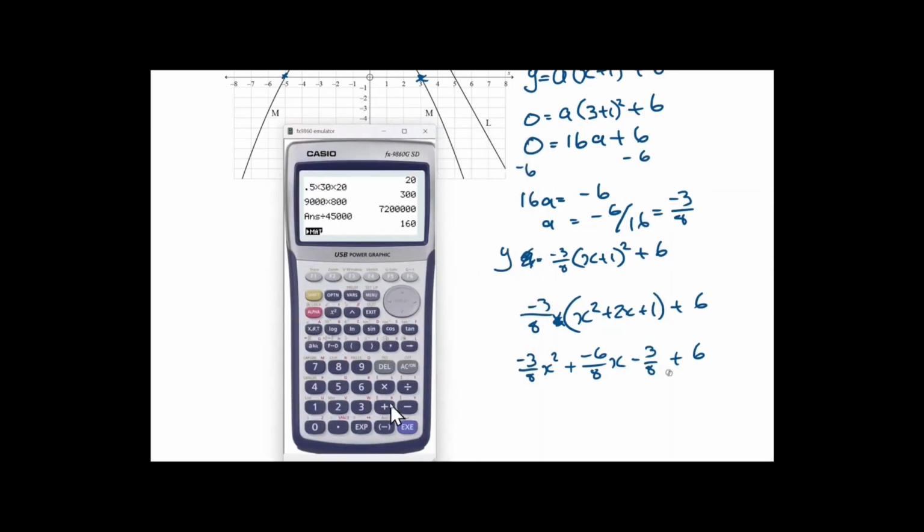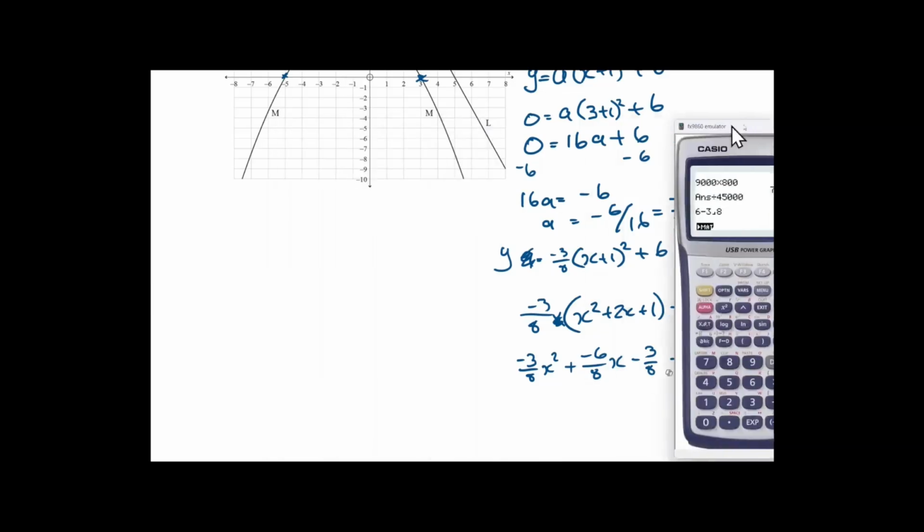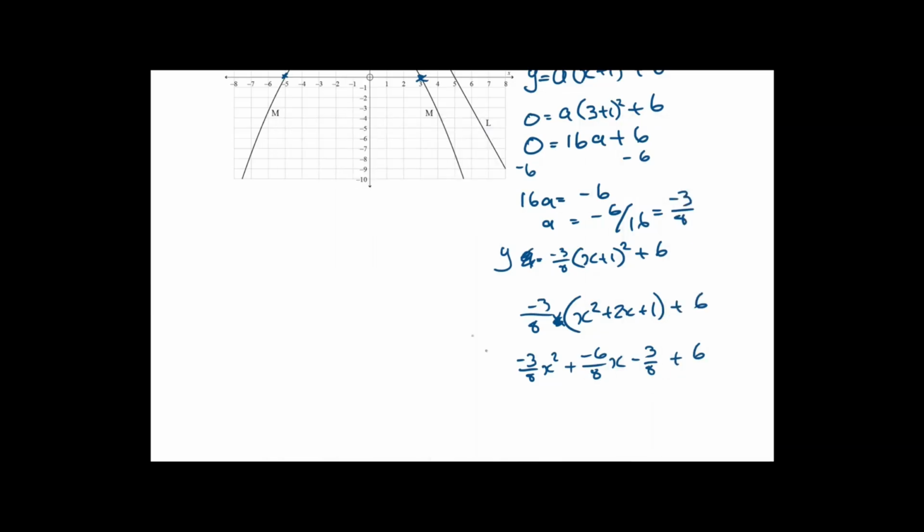Sorry, it's late at night while I'm doing this. So 6 minus 3 over 8 is 45 over 8. So our final answer is going to be negative 3 over 8 x squared, negative, and I guess we could simplify this again, negative 3 over 4 x plus 45 over 8. Gee, that's a mouthful, isn't it?